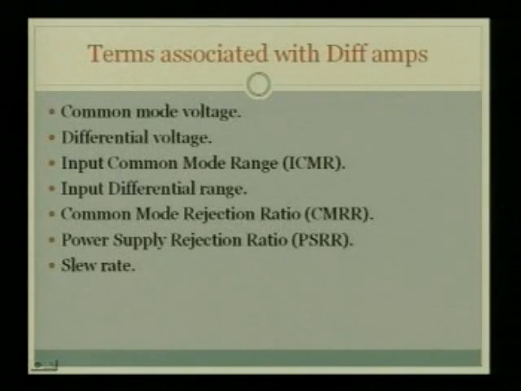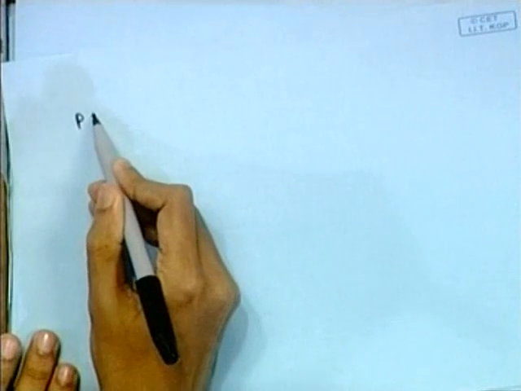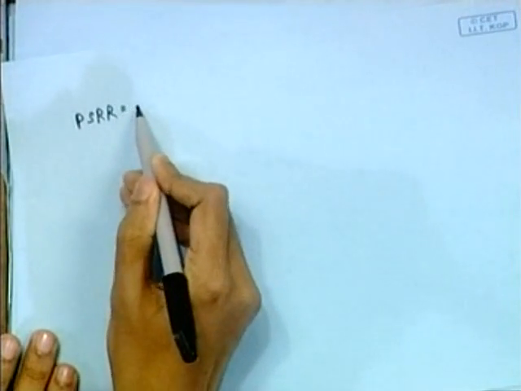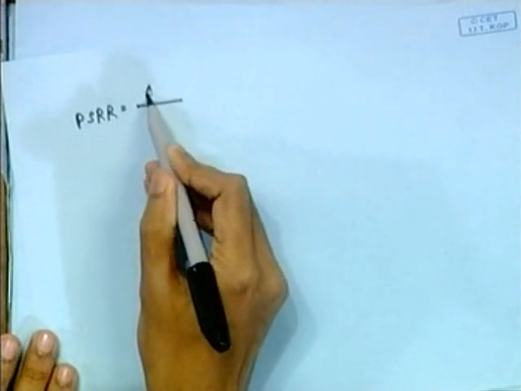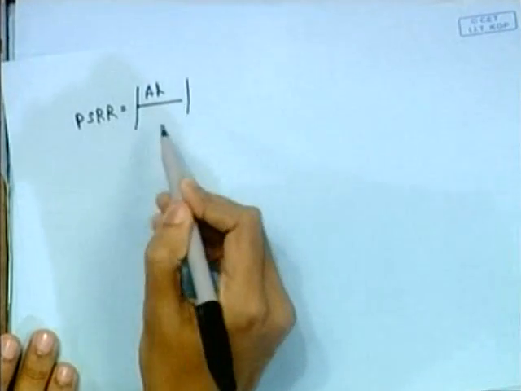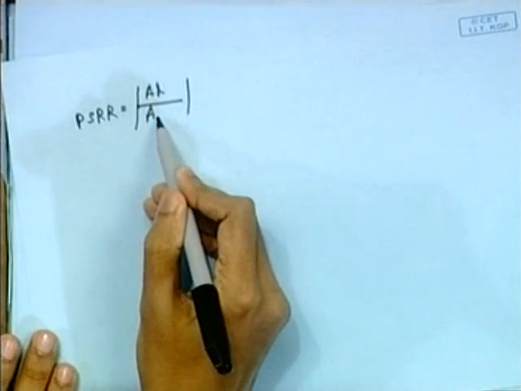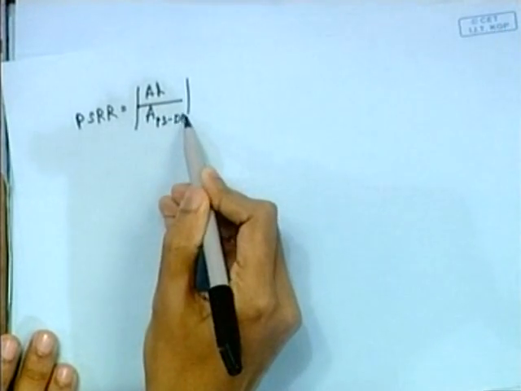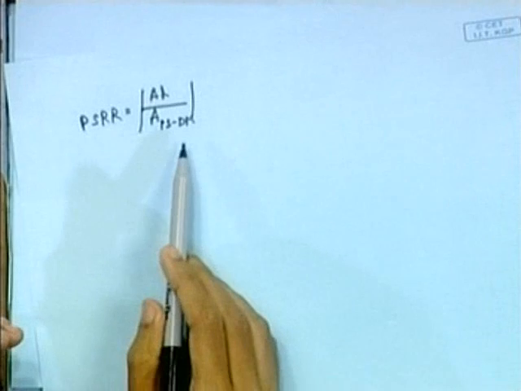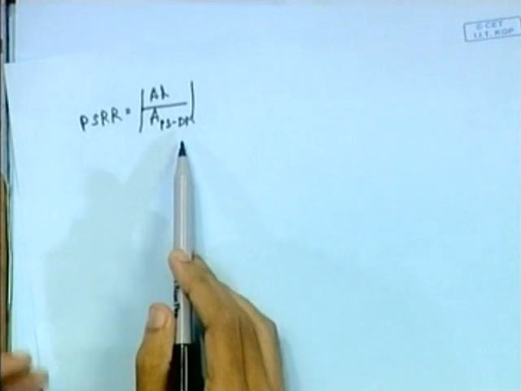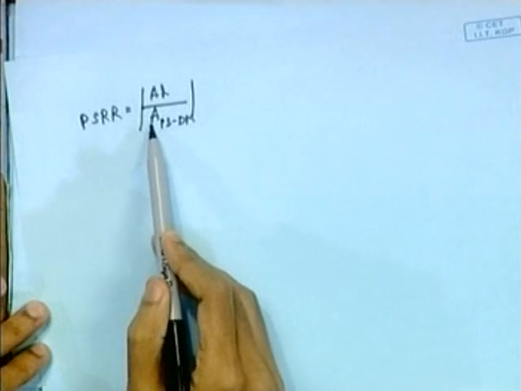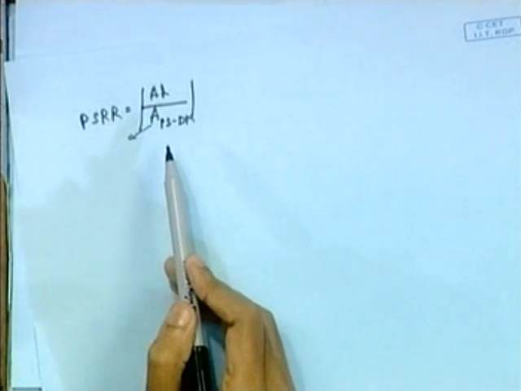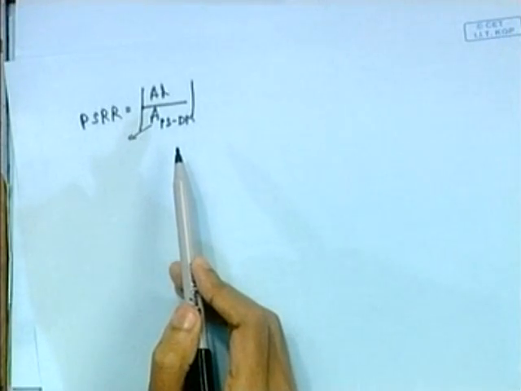And similarly, PSRR also is there. PSRR is like CMRR, but here we have AD in the modulus, and here we have what we call the power supply to DM gain. I mean the variation of the power supply will cause some differential output variation. So this gain corresponds to that particular kind of amplification.